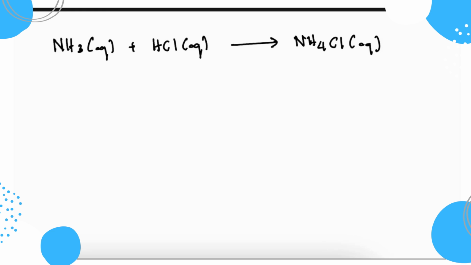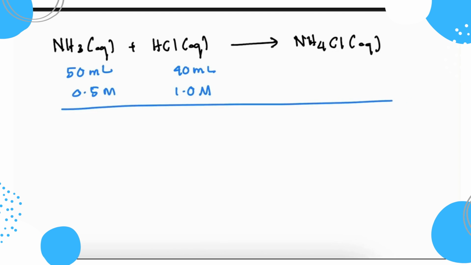Okay, so for the initial information only, we have 50 ml, 0.5 molar for ammonia, and for the hydrochloric acid 40 ml, 1.0 molar. So the initial moles are 0.025 mole, and for this one 0.04 mole, and initially there is no salt produced.